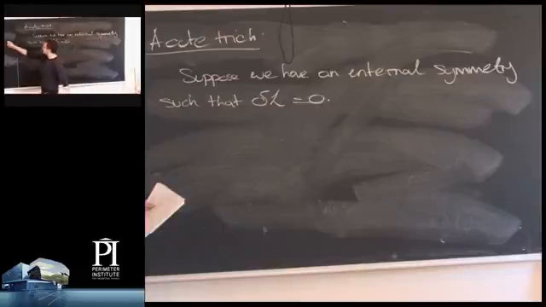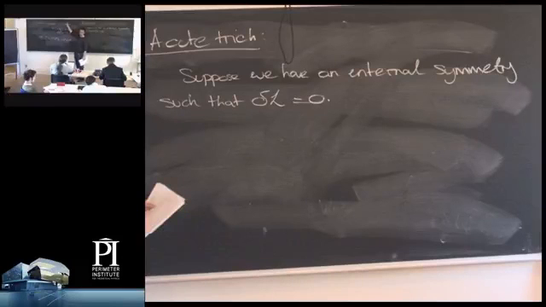And there's going to be some parameter, or maybe a bunch of parameters, alpha, which are the constants which tell us how much we're implementing this symmetry. Just like here, they tell us how much we're rotating the phase of psi.